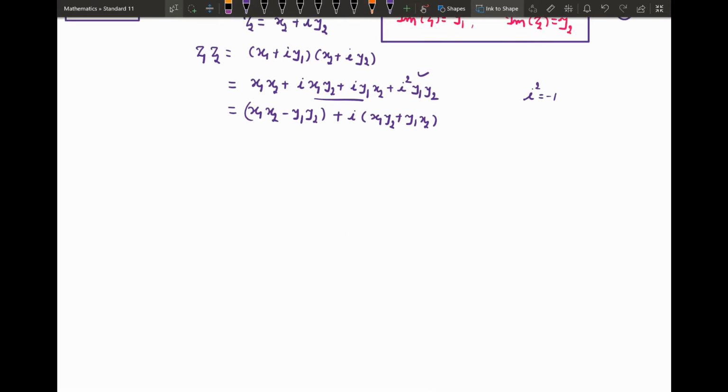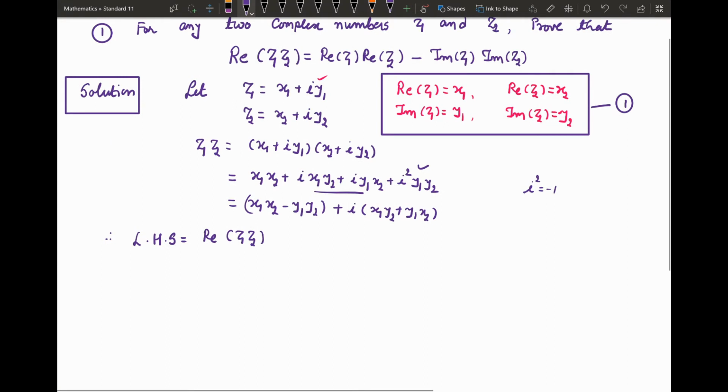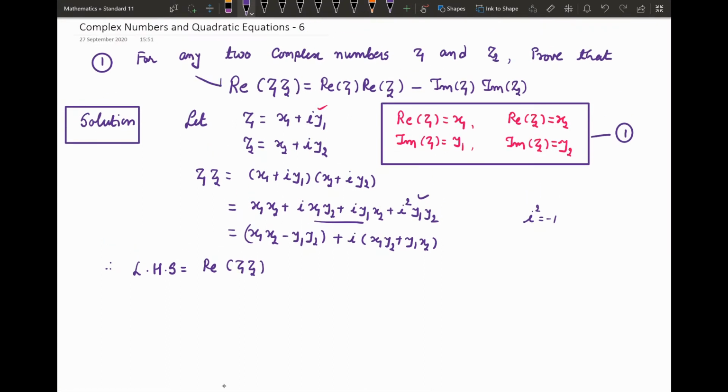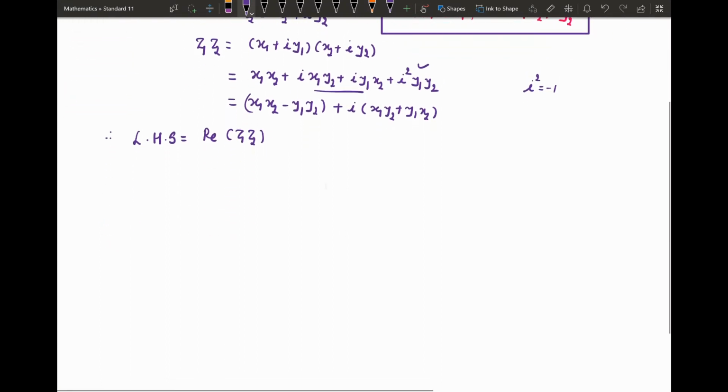Now therefore LHS equal to real part of Z1 into Z2. This is LHS, real part of Z1 into Z2.